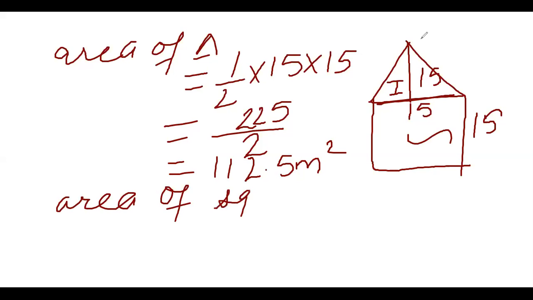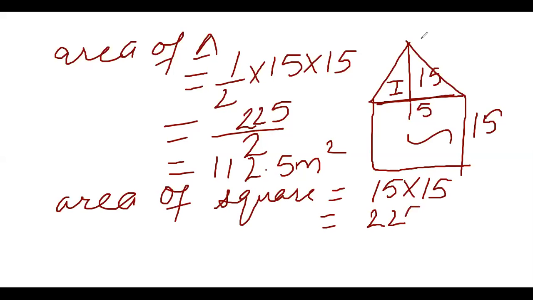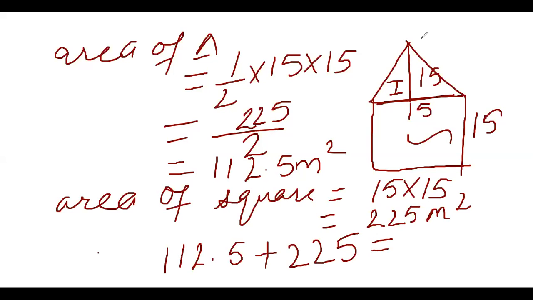Area of square is equal to side into side, that is 15 into 15, 225 meters square. Then the area of the pentagon, the area of the park, we will add them and we'll get the same answer by this way also, 337.5 meters square. This is the area of the pentagon by another way, right?